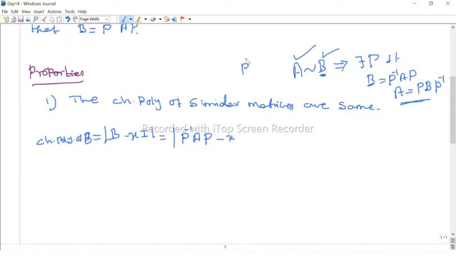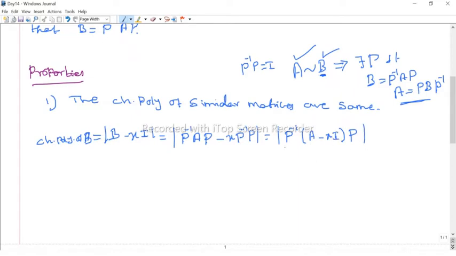The identity can be written as P inverse times P, because any matrix's product with its inverse is identity. Now we can take P inverse from the left hand side and P from the right hand side. Therefore, the remaining inside we get A minus xI inside the determinant.